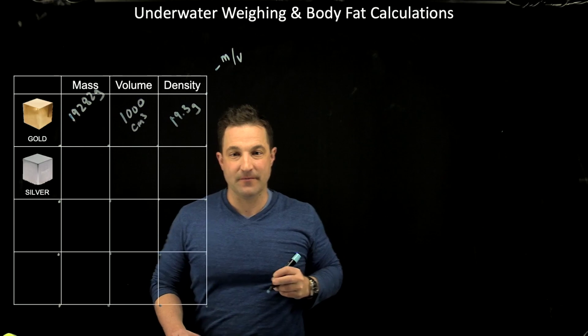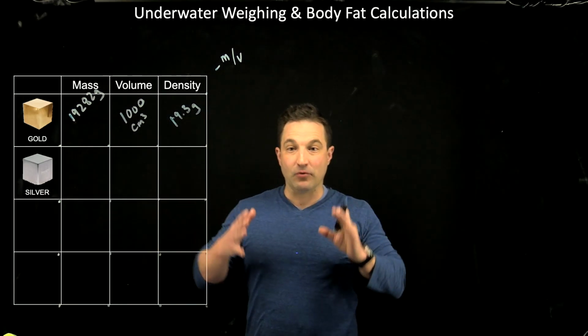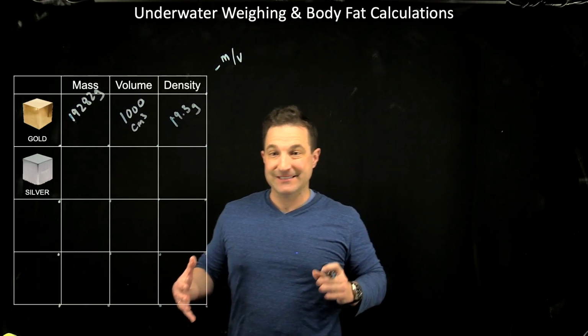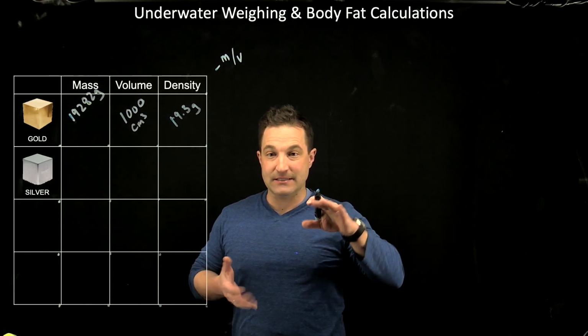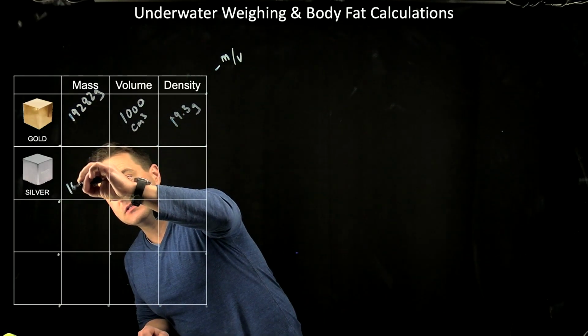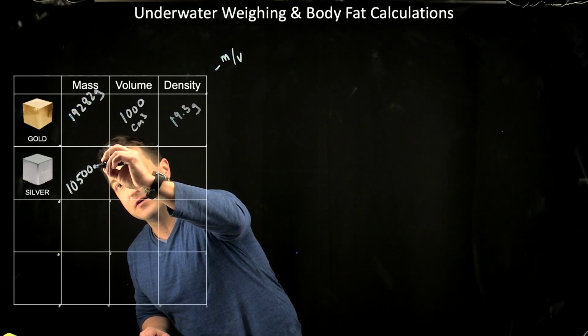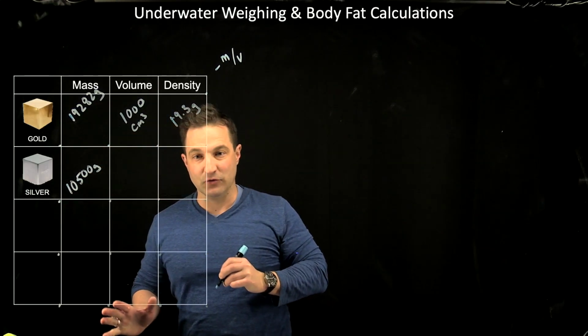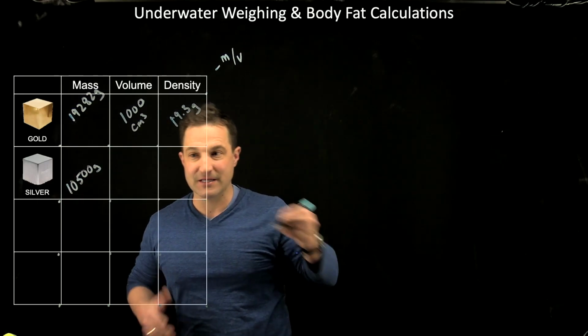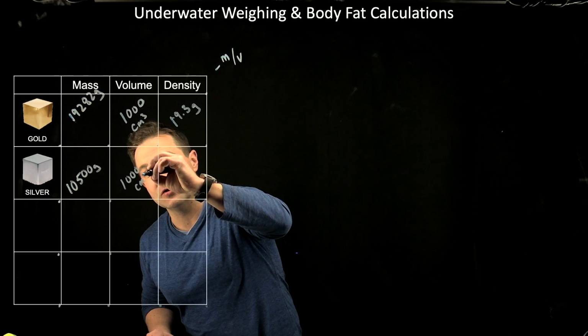Pretty simple stuff. Okay, next step would be silver. Well, we could take a block of silver about the same size, 10 by 10 by 10 centimeters, put it on a scale once again, and find out that that's about 10,500 grams. And if we look at the volume of that, 10 by 10 by 10, still 1,000 centimeters cubed.